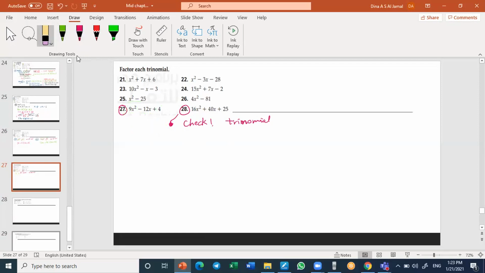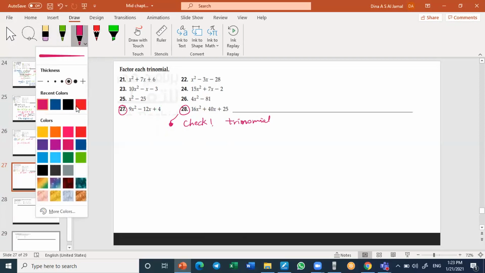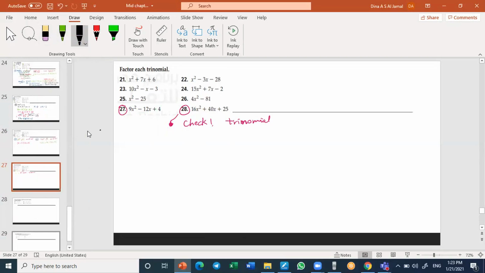Other than this, there is another method which you can use using your calculator. Way one is the book method, so you can refer to your lesson. I will be teaching you way two, which is the calculator method. Sometimes in the MCQ, you need some easy and quick ways.